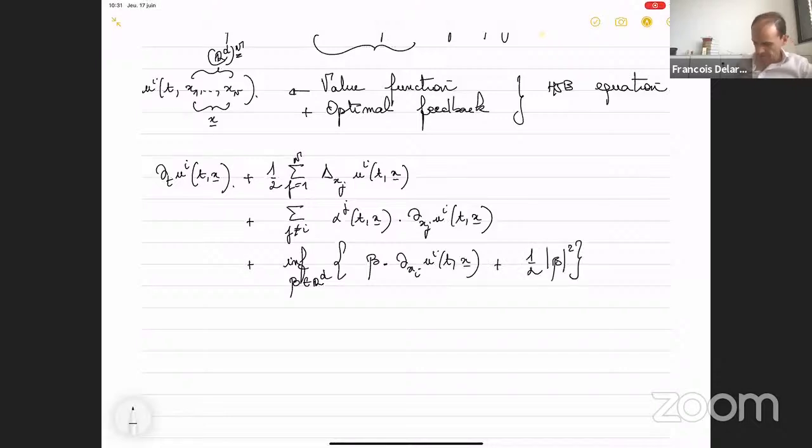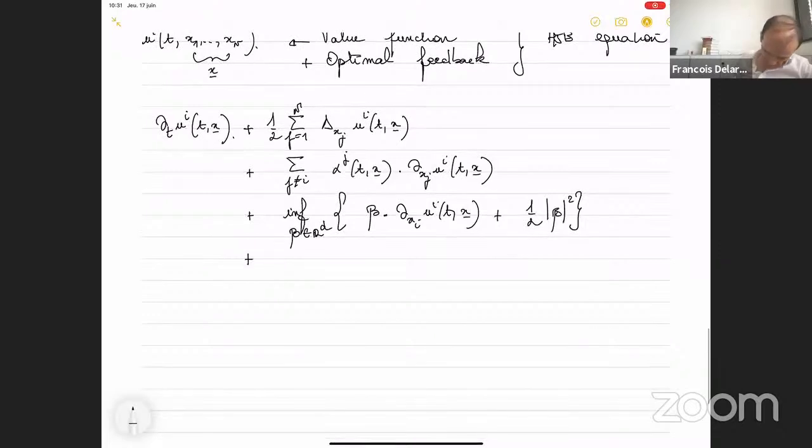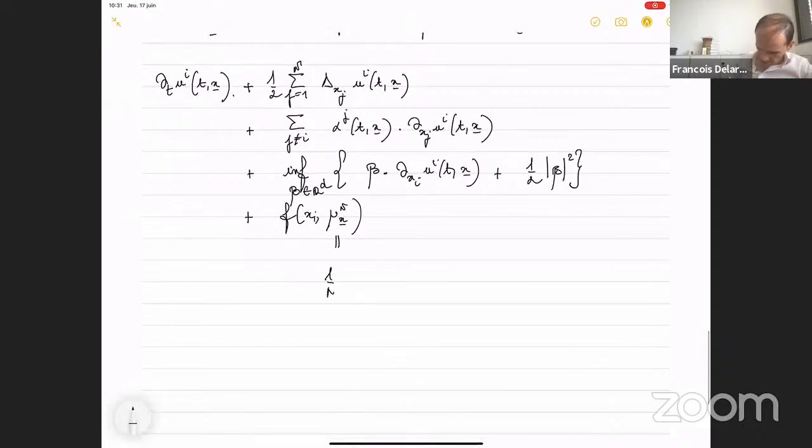So this is my kinetic energy. And then I have the running cost F(xi, mu bar^N x underline). So this is a shorthand notation for the empirical measure on x1, ..., xn, and this is equal to 0. I don't think that I have forgotten something, so this seems to be okay.